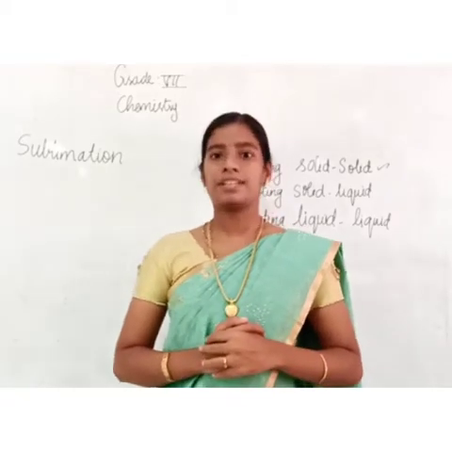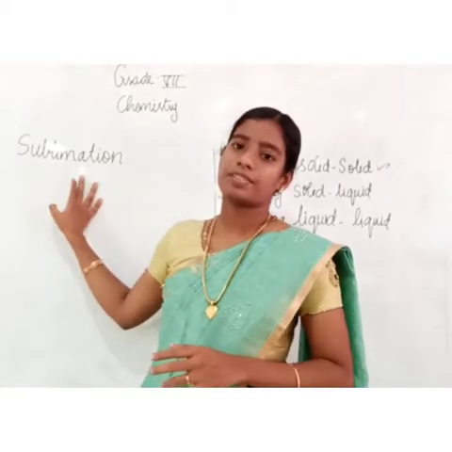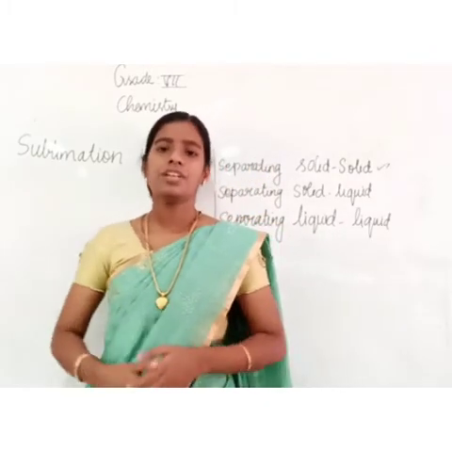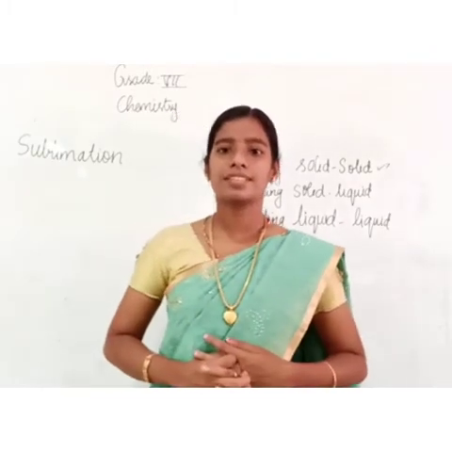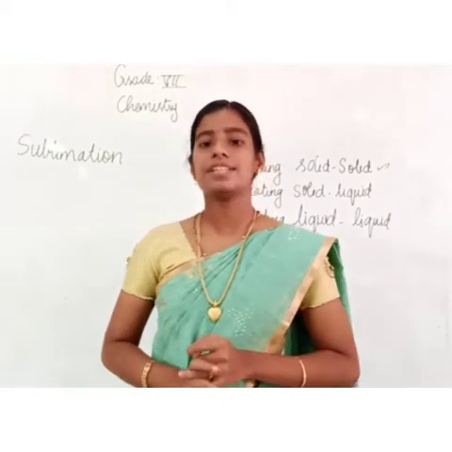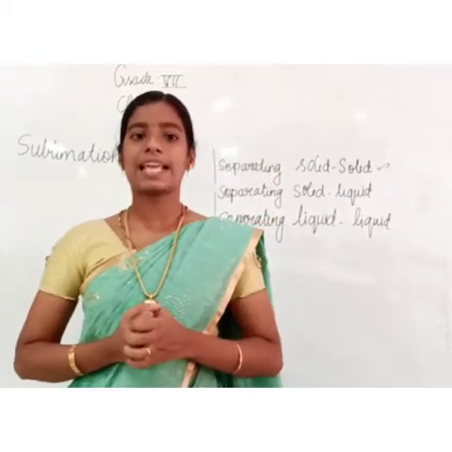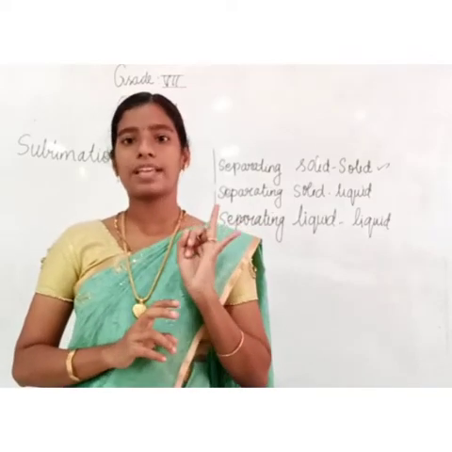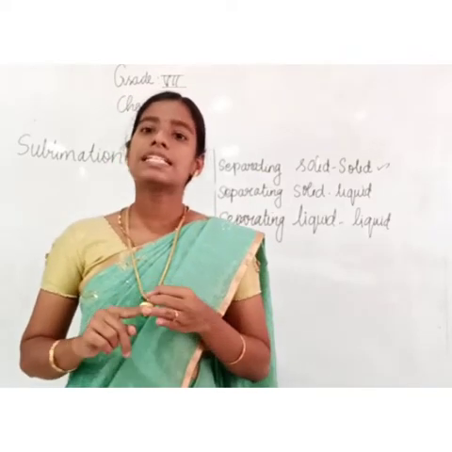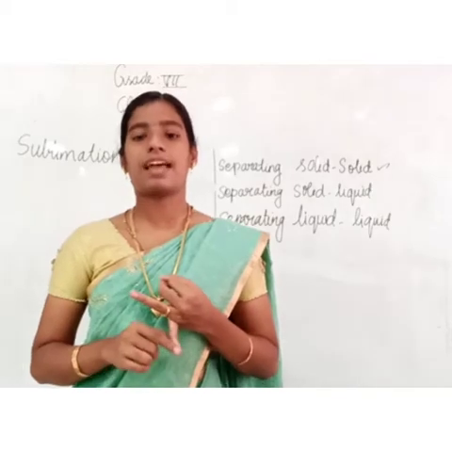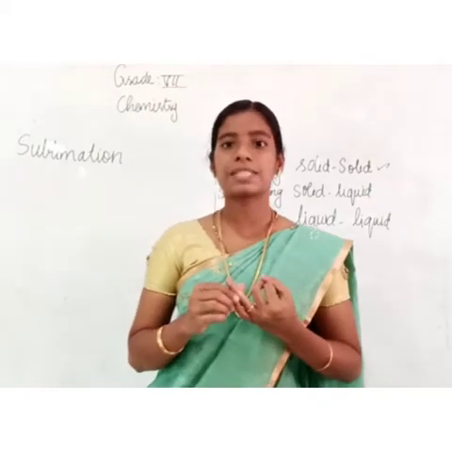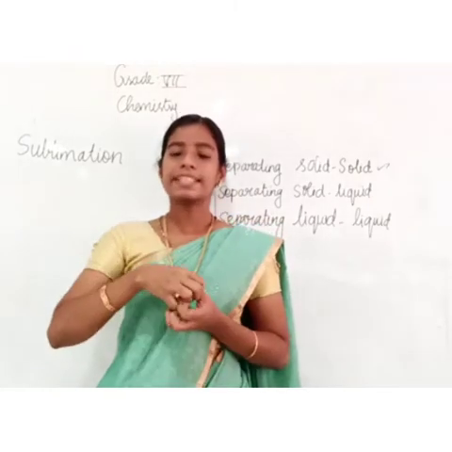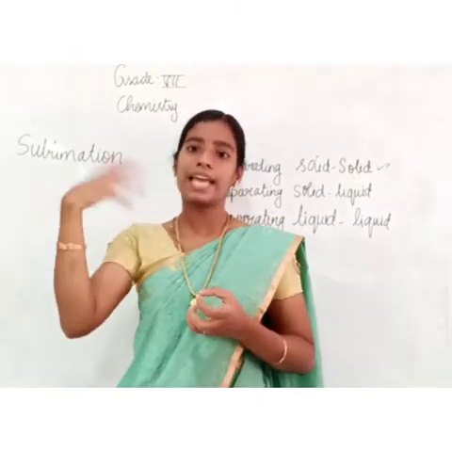The first method is sublimation. We are going to learn about sublimation. What is sublimation? Some materials like naphthalene and ammonium chloride, these are two examples, are sublime substances. Sublime substances means when we heat these materials, they directly turn into gas.